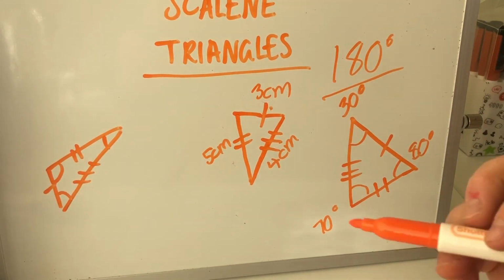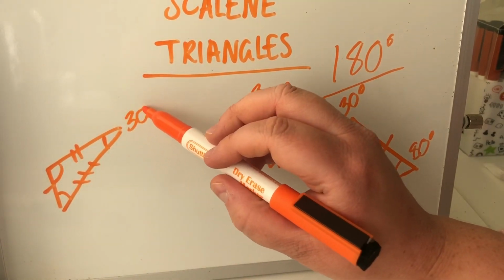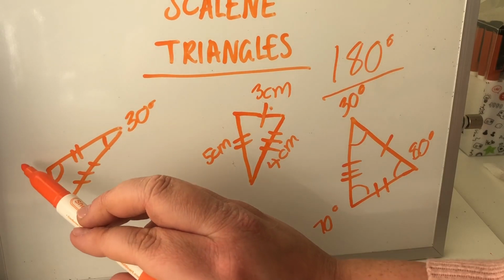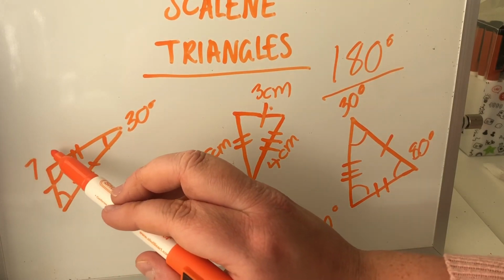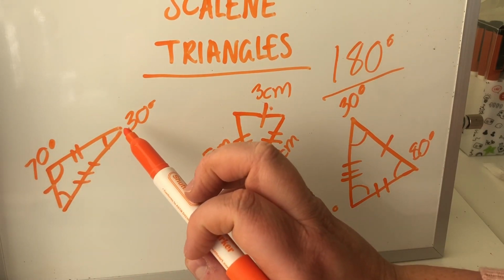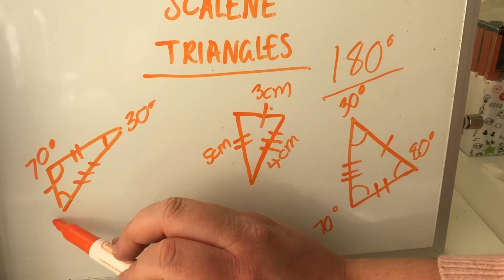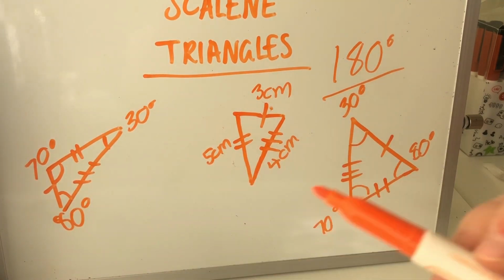So if you were given two measurements, like we did in the last example, 30 degrees and 70 degrees, then you would add them up, so that makes 100. So how much have you got left? That must be the last angle, so that one is 80 degrees.